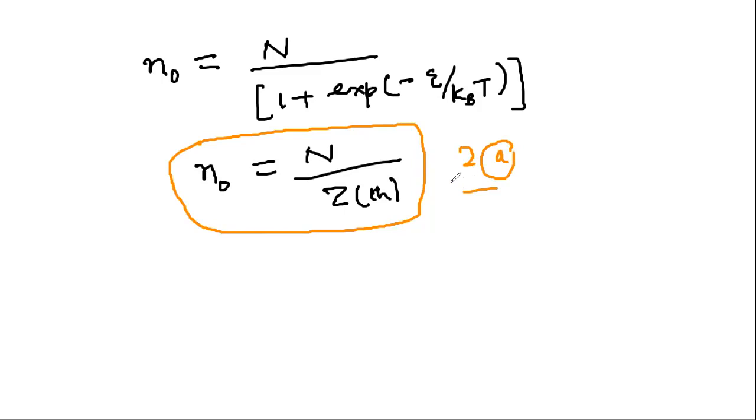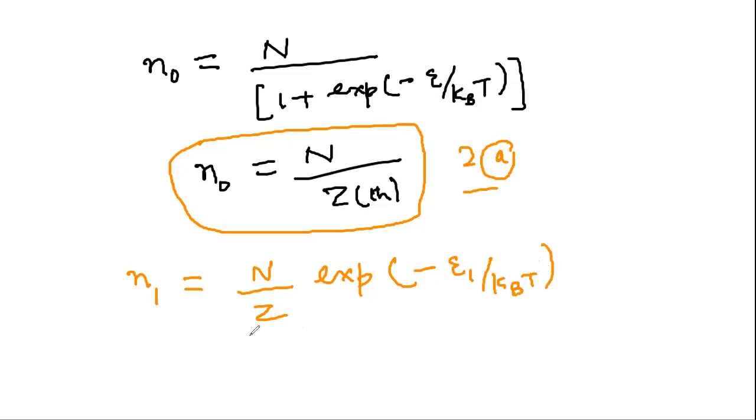Similarly, we can write for N1, the occupation number pertaining to the first state. It will be N by Z times exponential of minus epsilon 1 by kT.